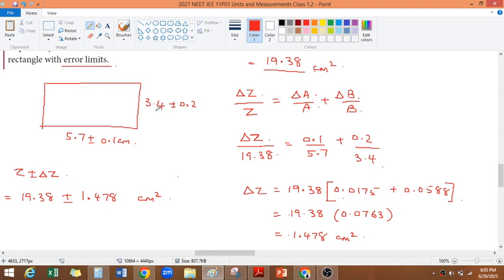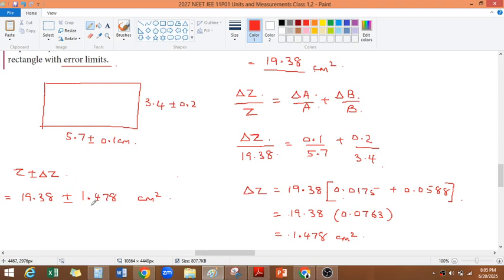There is something called significant figures which is coming in the next topic. So here I can see there are two significant figures, which means your answer should also have only two significant figures. Here I see one significant figure, which means this answer should also have only one significant figure.